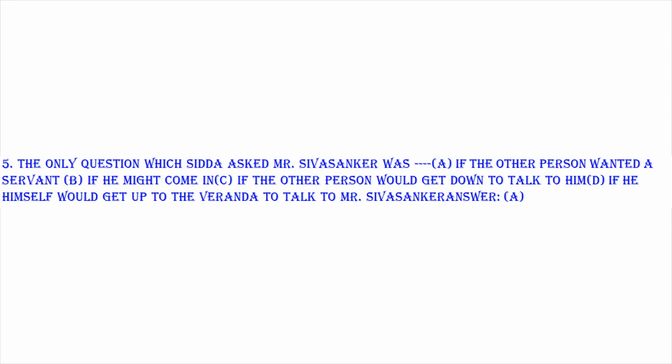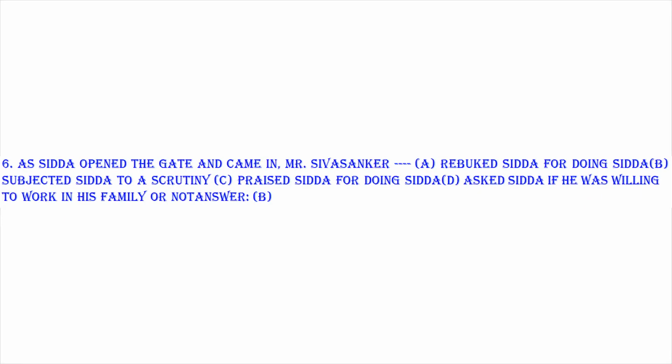The only question which Siddha asked Mr. Shivasankar was A. If the other person wanted a servant, B. If he might come in, C. If the other person would get down to talk to him, D. If he himself would get up to the veranda to talk to Mr. Shivasankar. Answer, A.